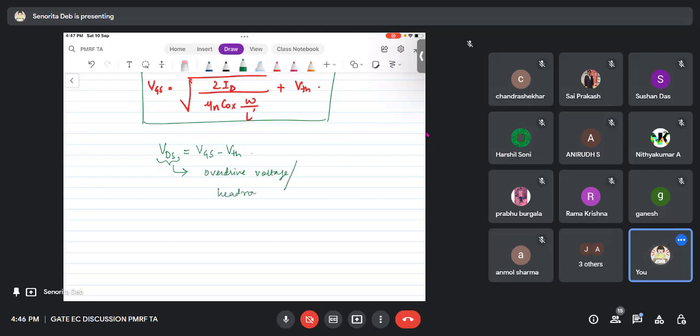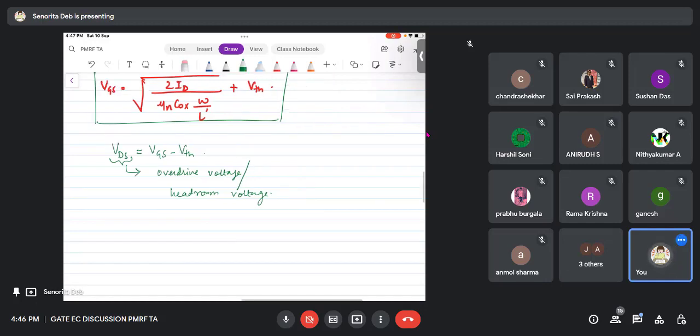What do you mean by headroom? Suppose you enter a room and it is very small, like the roof of the room is very near to your head. That means the space between your head and the room's roof is very less. That is the headroom you have to stand straight. Likewise, when we make amplifiers or current sources using MOSFETs, suppose you are taking output from here and giving VDD.